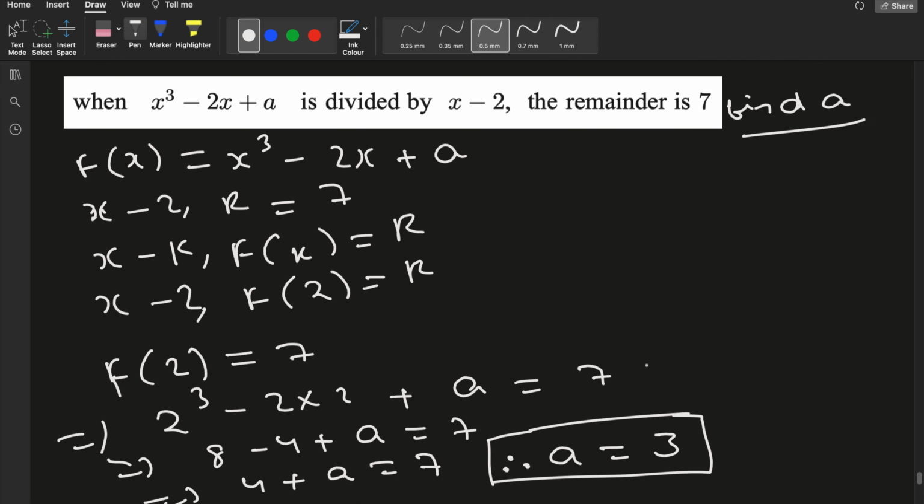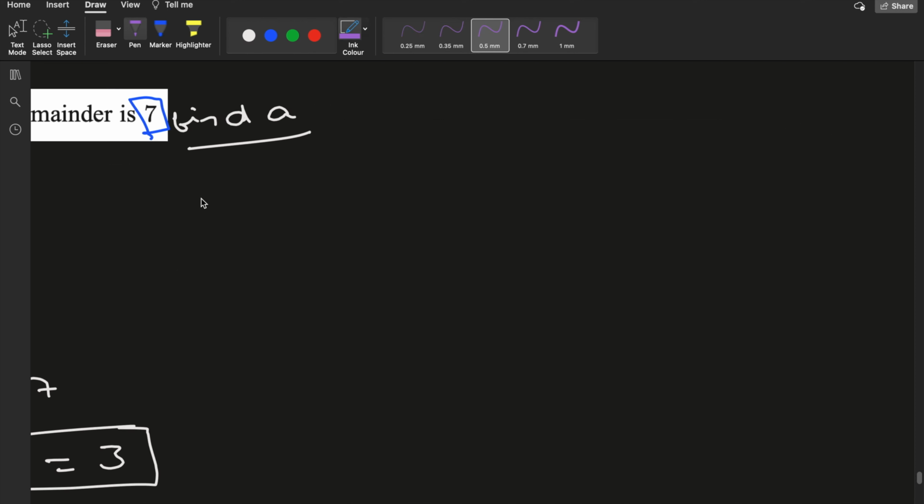Okay, so we get the value of a equals 3. Let's use long division to actually prove that the remainder is indeed 7 by substituting the value of a into the equation. So the divisor on the left hand side and the polynomial inside.